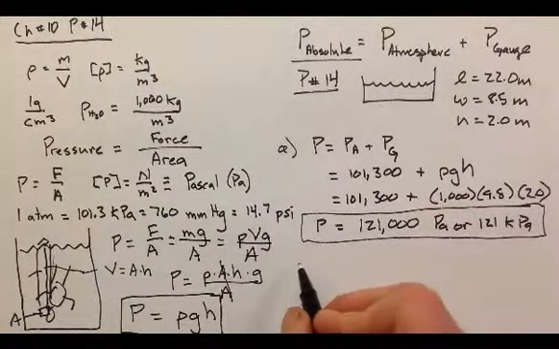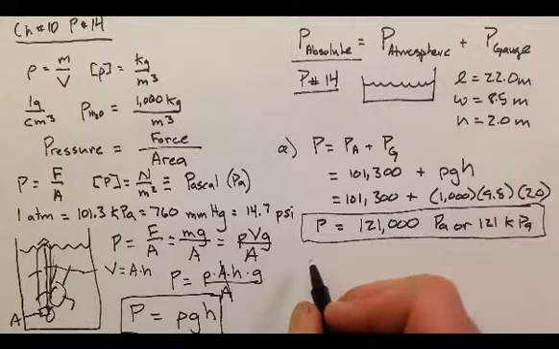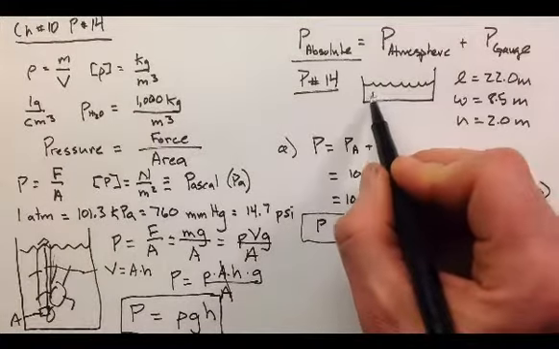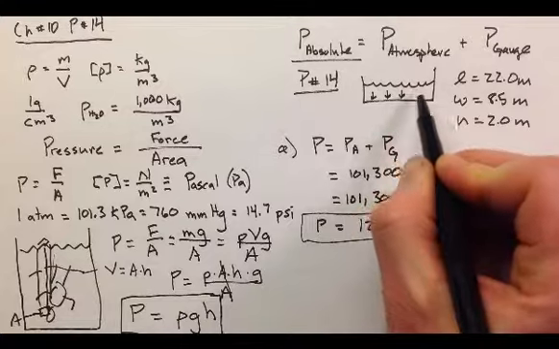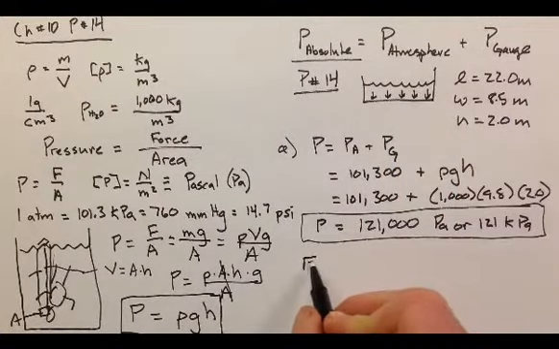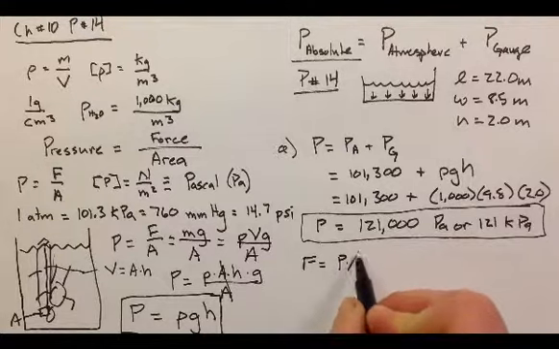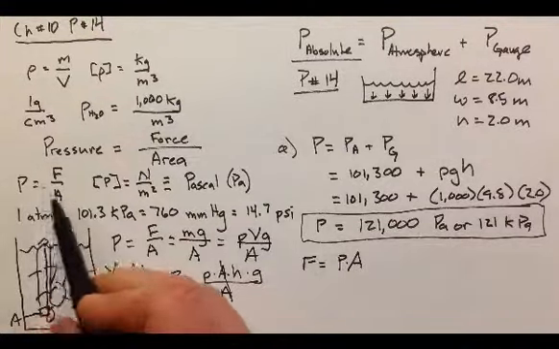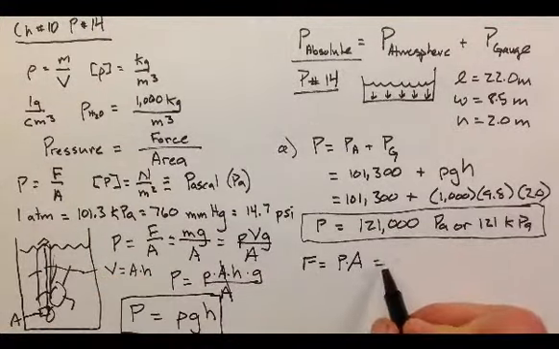And the second part of part A says find the total force that this water is exerting on the bottom of the pool. So I'm going to rearrange my pressure equation here.